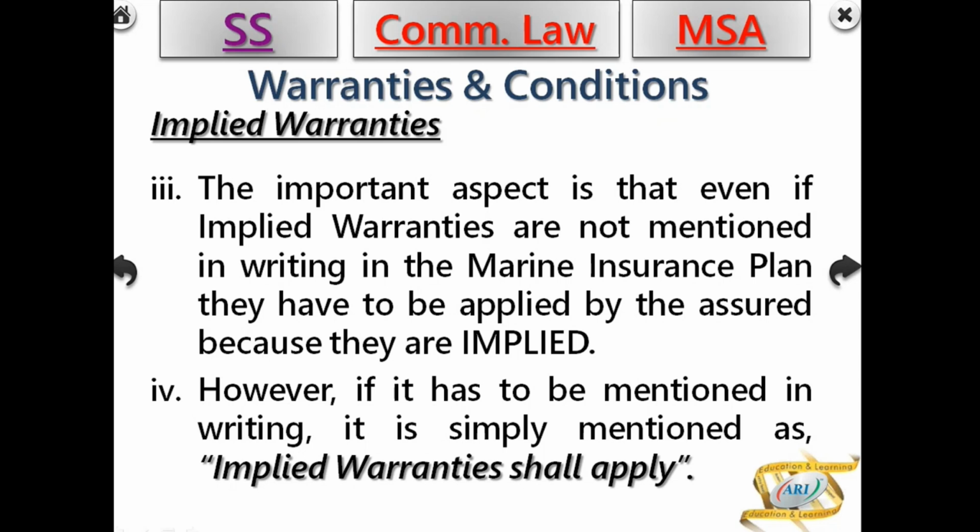You do not have an option because now you have an insurance coverage. If you fail to do what you're supposed to do as part of normal shipping business, ship operation, and there is a damage, it will still be covered. No, you continue to do that.